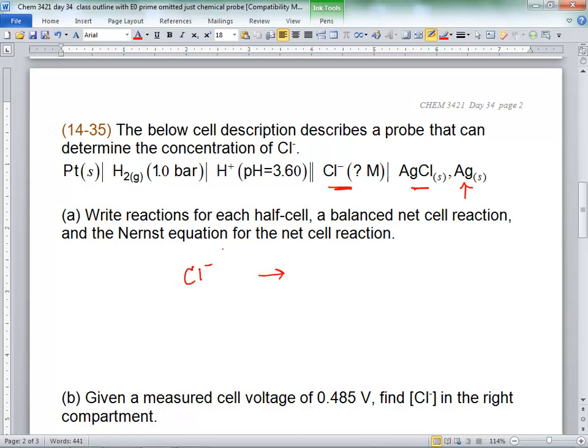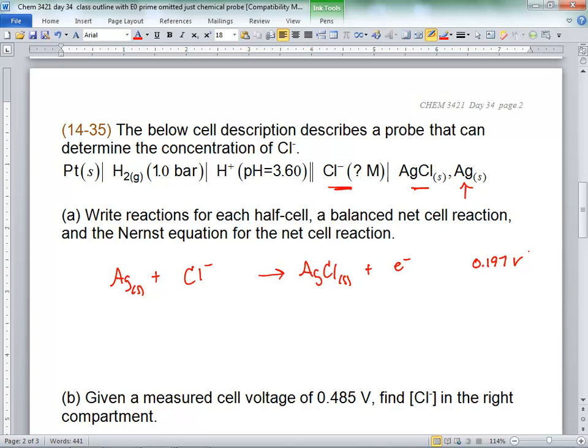Cl minus and Ag solid goes to AgCl solid plus an electron. And I have to flip the E0, 0.197. Okay. And I've got to find my hydrogen half reaction.